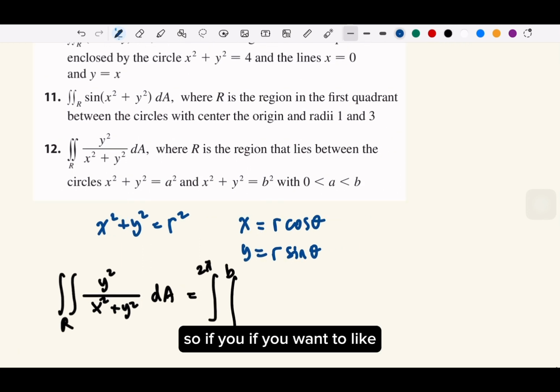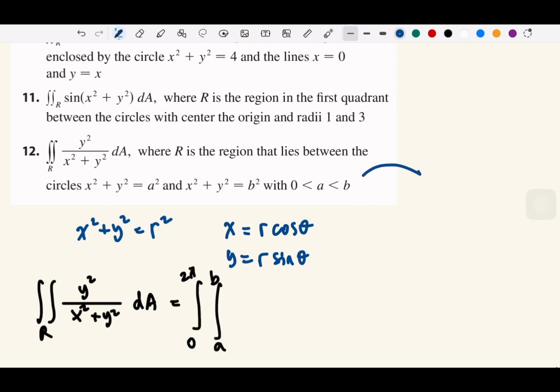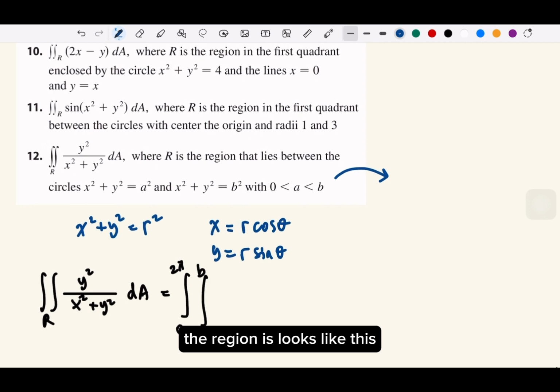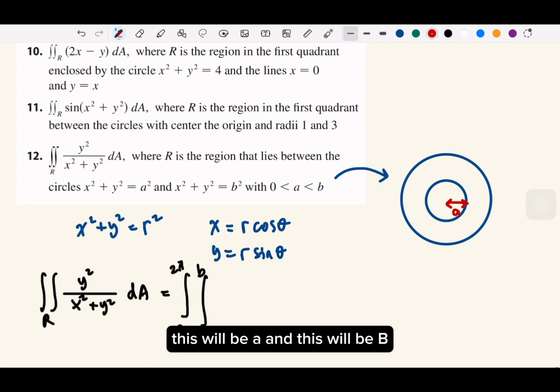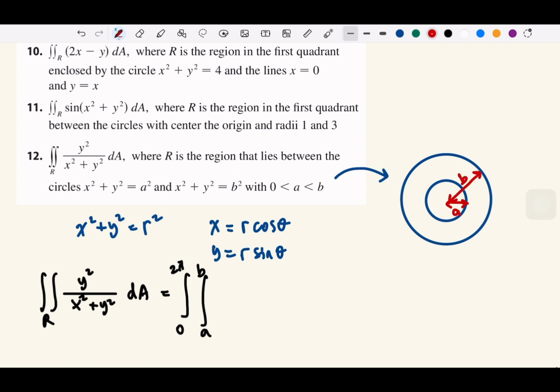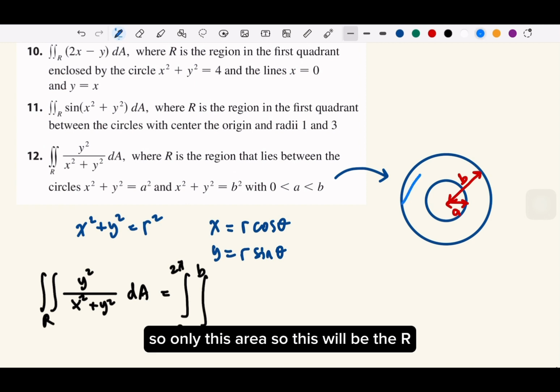If you want to imagine what the region looks like, it looks like this. So this will be a, and this will be b. So only this area.